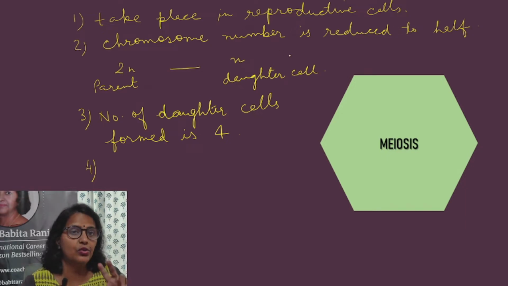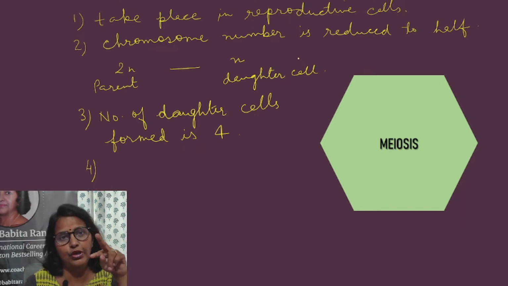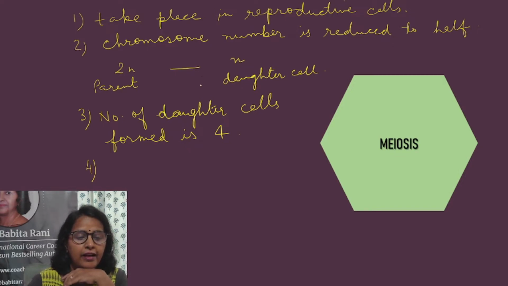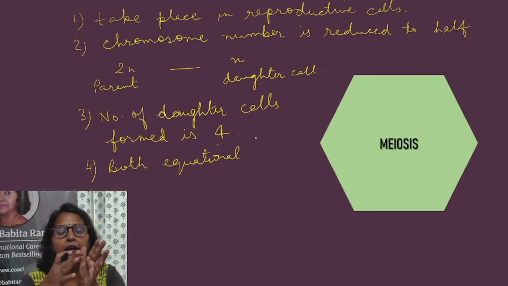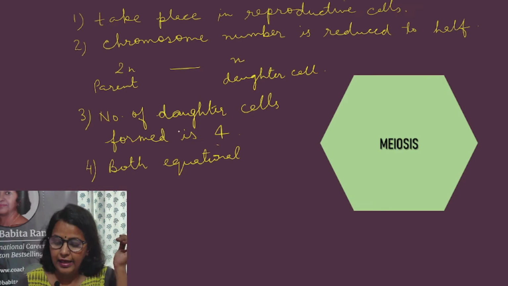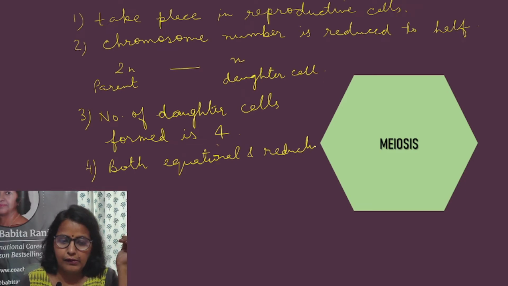But as 2 meiotic divisions take place in a single meiosis, there are both equational and reductional divisions. Both equational, that means the number will be maintained, and reductional division.